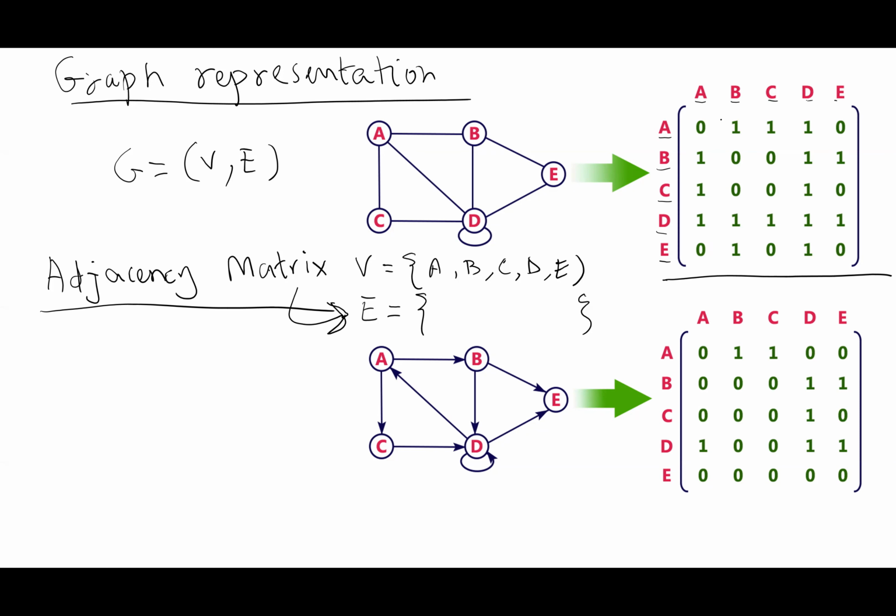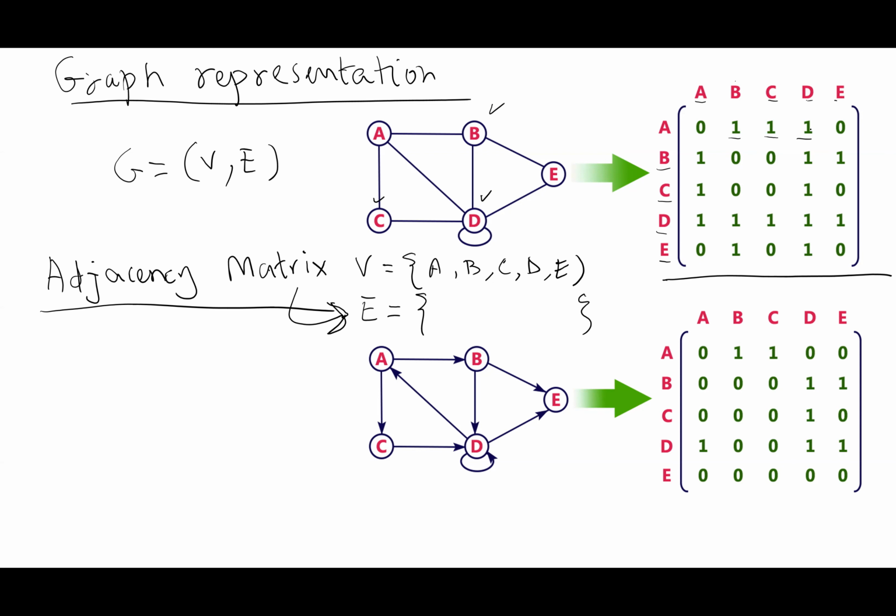The way it works is, if there is an edge between A and B, then this value is going to be 1. So you see that A has an edge to B, C, and D, right? A has an edge to B, C, and D. So you see these three are 1.